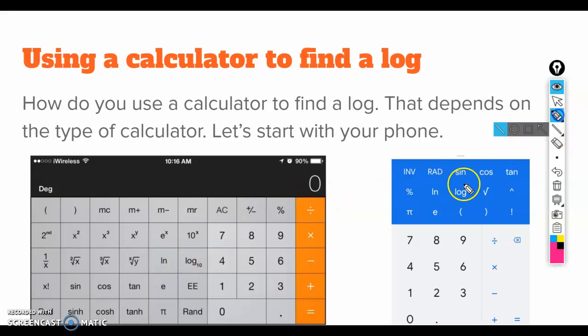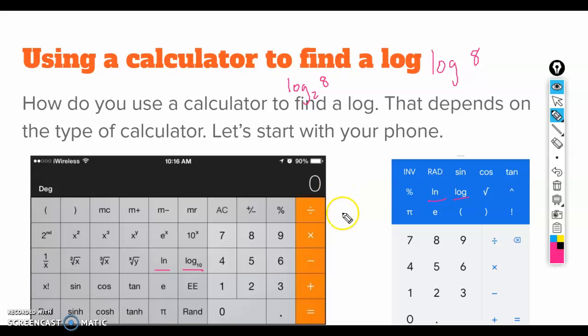Do be aware that if you see these two buttons on a calculator, they are specifically log base 10 and log base E. You can't just type on your calculator log of 8 if what you're looking for is log base 2 of 8.